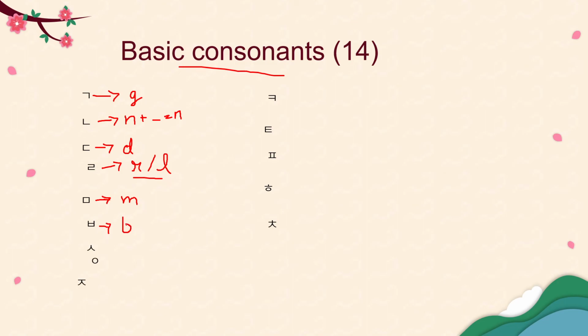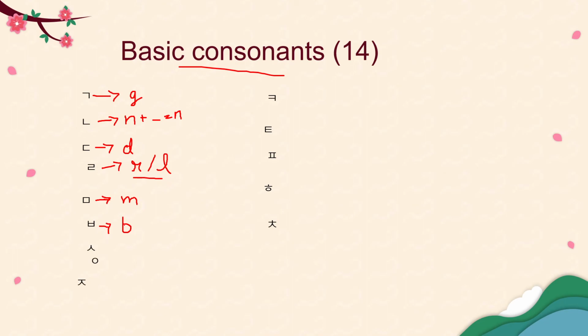And one thing I forgot to tell you is that in this modern era, Korean does not have 40 alphabets. It only has 24: the 14 basic consonants and the 10 basic vowels.